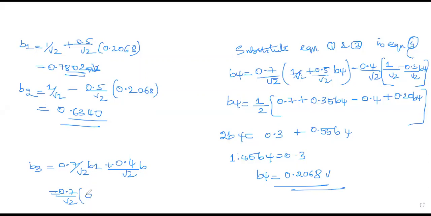So B1 is 0.7802 plus 0.4 by root 2 times B2, which is 0.6340.